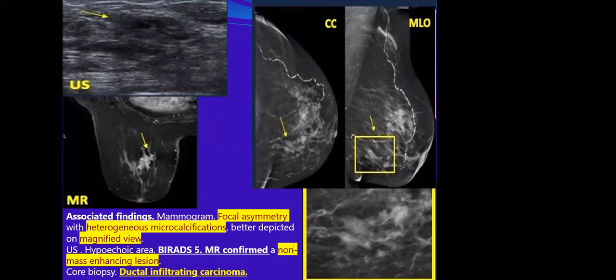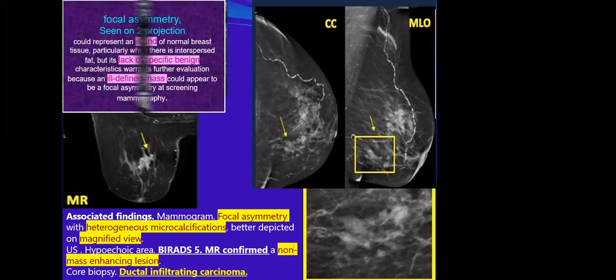So the presence of this heterogeneous microcalcification associated with asymmetry increases the level of suspicion. Ultrasound demonstrates an irregular, indistinct hypoechoic area, and MRI demonstrates non-mass enhancement. So it becomes BI-RADS 4, and biopsy revealed infiltrative ductal carcinoma.